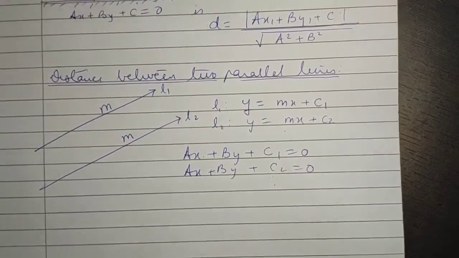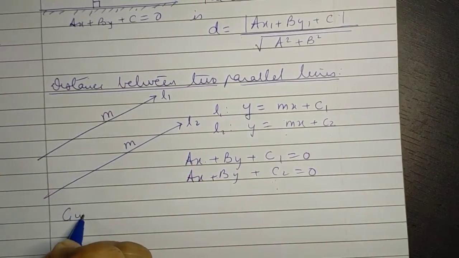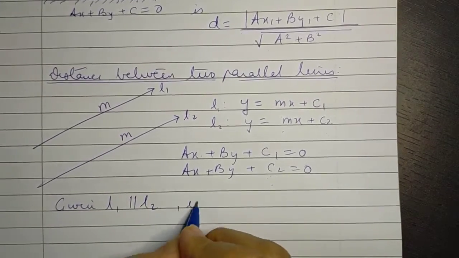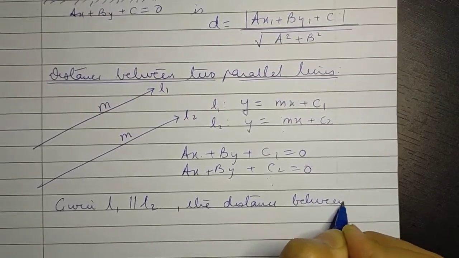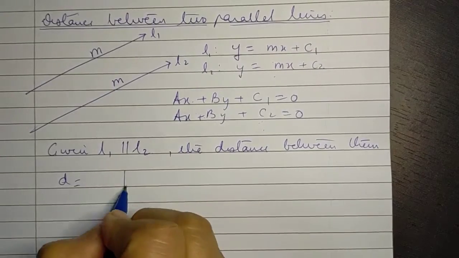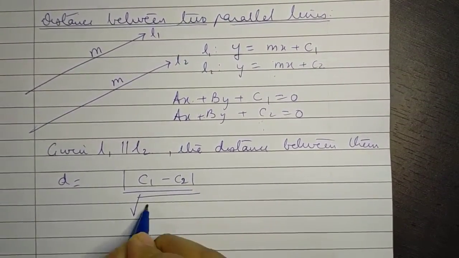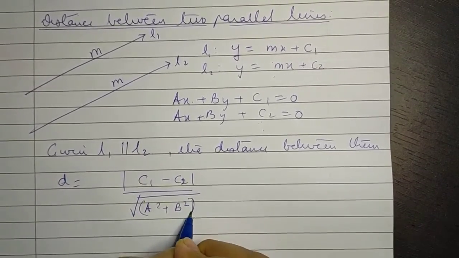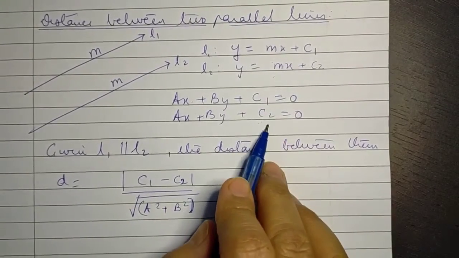Okay, so given two parallel lines L1 and L2, the distance between them is defined as d = modulus of (c1 - c2) whole upon square root of a squared + b squared, where c1 and c2 are the two constants in the equations.